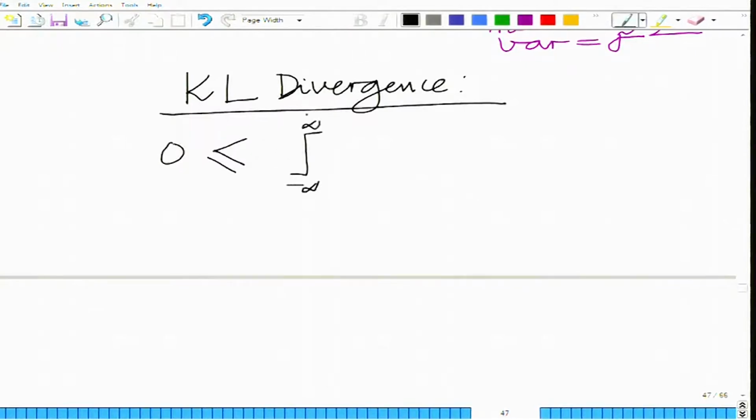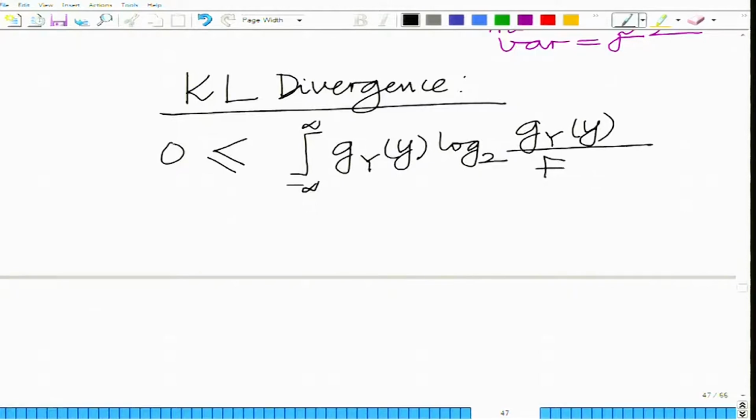So, I have the integral from minus infinity to infinity of gy of y log to the base 2 of gy of y divided by fy of y dy.